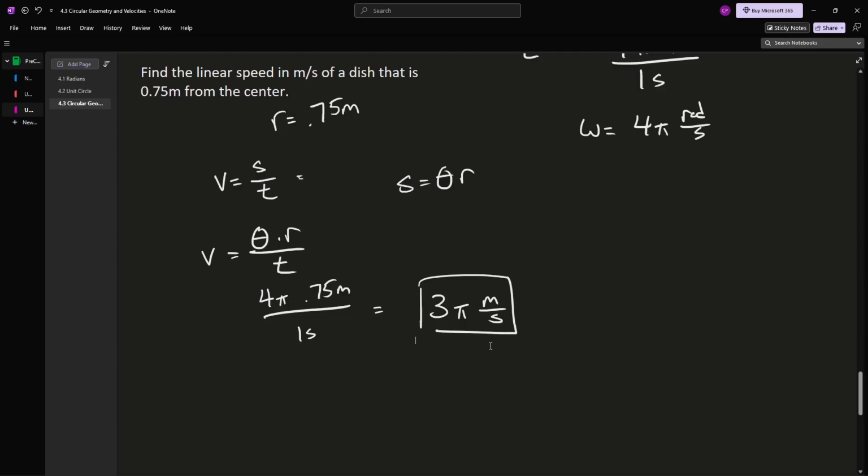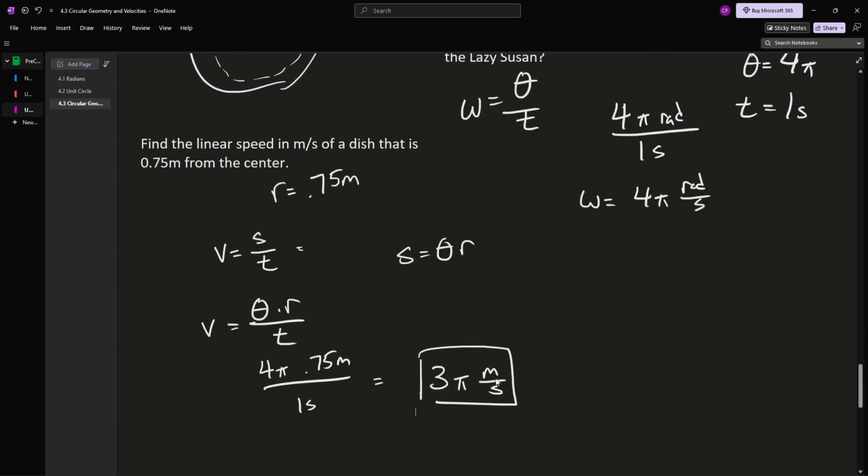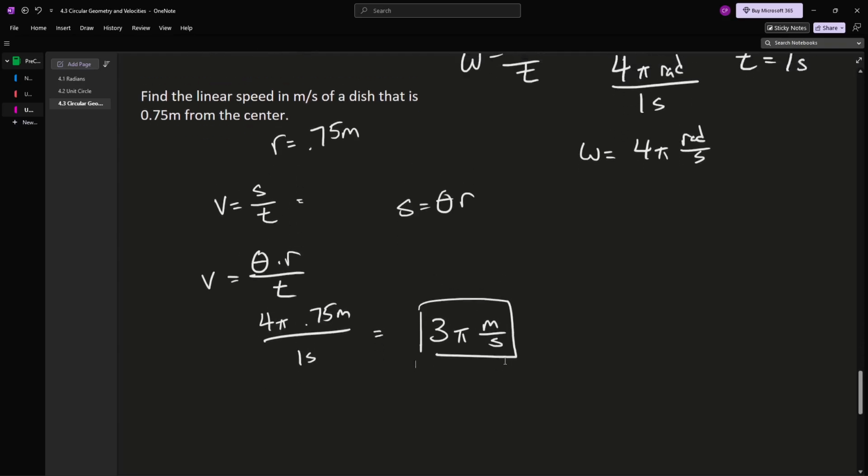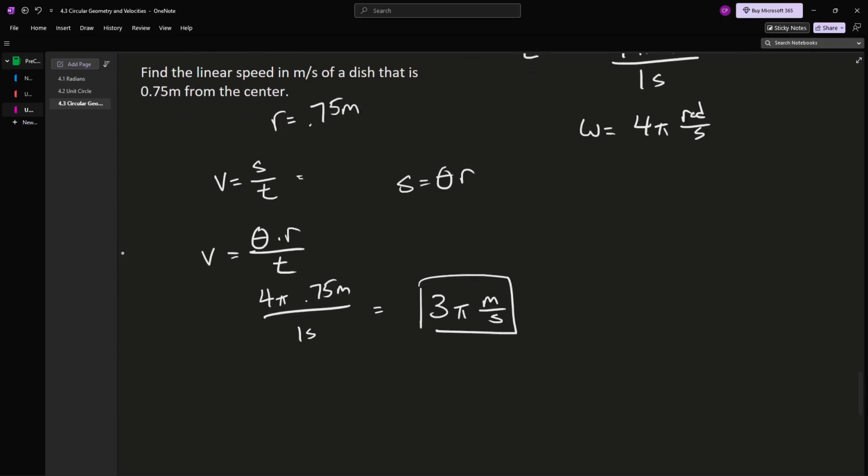And at this point, there's a little trick that we will use quite often in this class. I expanded my linear velocity into this form, which will happen quite a bit, because it's very rare that we do know the arc length immediately. My velocity is theta times r over time.